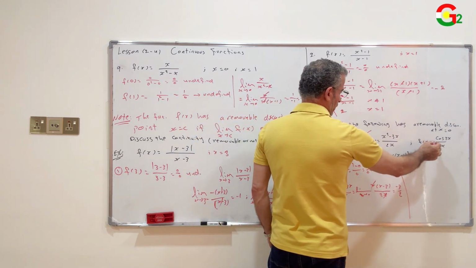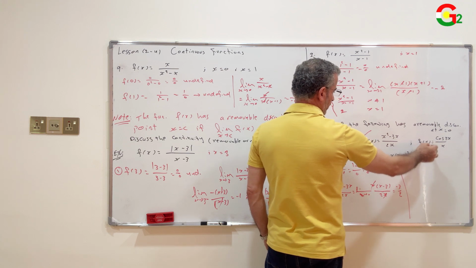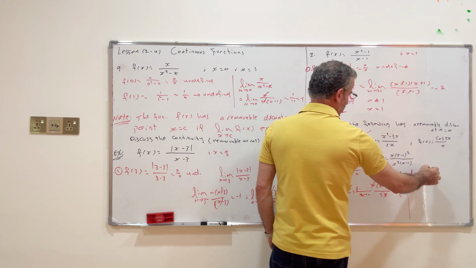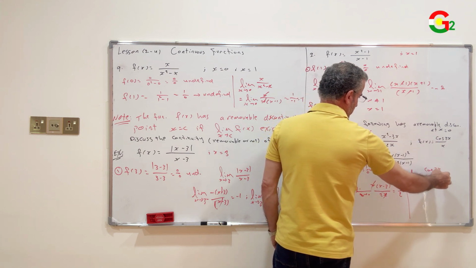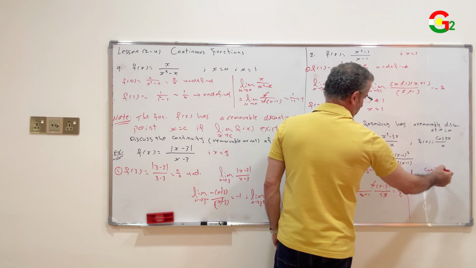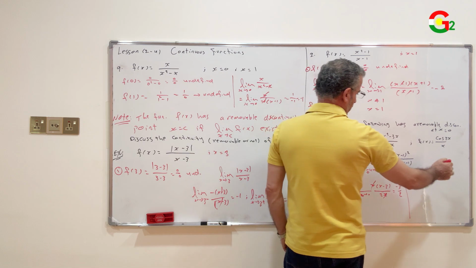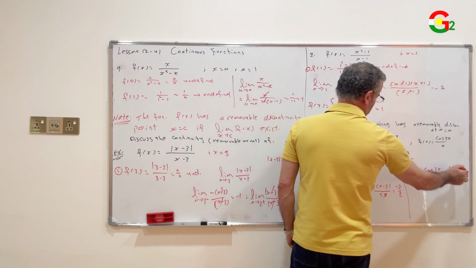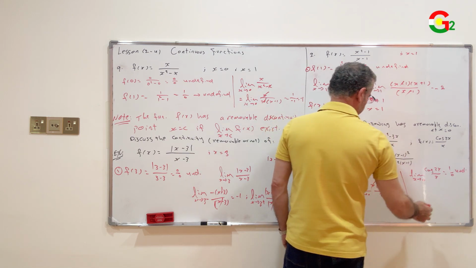But let us find the limit of this function. The limit of cosine 3x over x when x approaches 0 is cosine 3 times 0, cosine 0, 1 over 0, undefined.